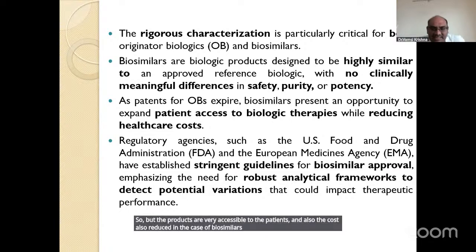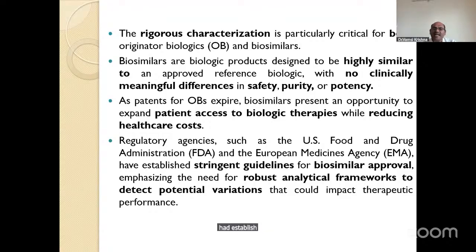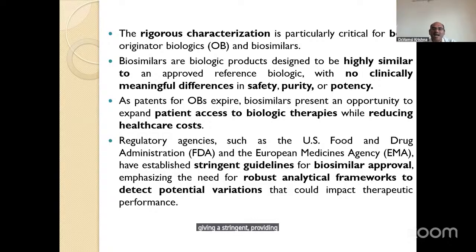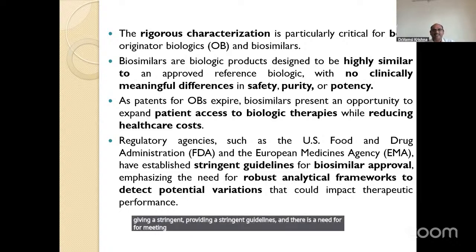Regulatory agencies like the US FDA, US Food and Drug Administration, and EMA, European Medicines Agency, have established stringent guidelines for biosimilars. People are developing these biosimilars, and for approval of these products, the regulatory authorities provide stringent guidelines. To meet them, we need robust analytical results.